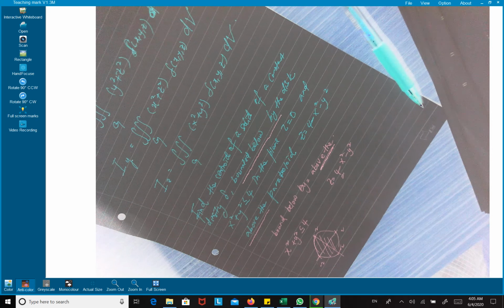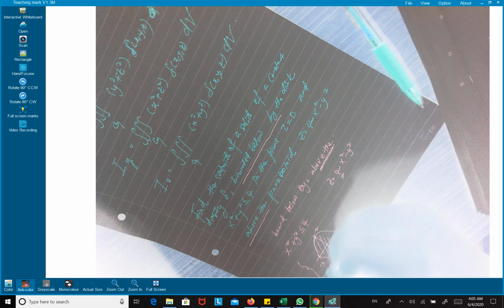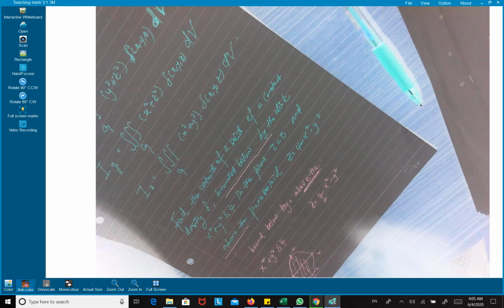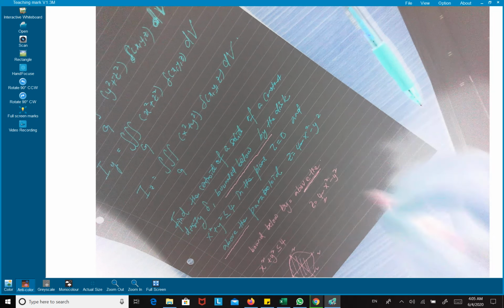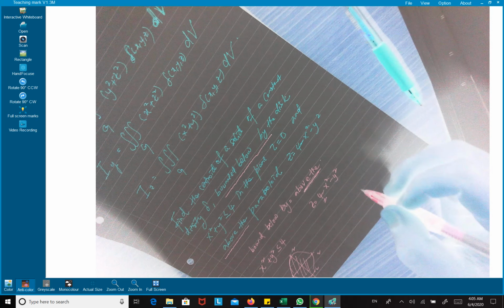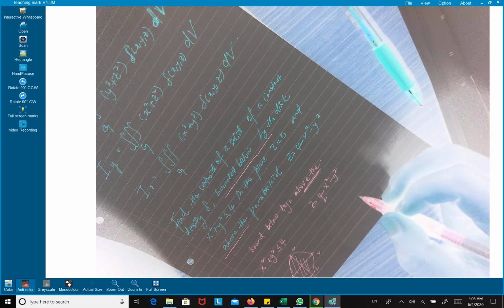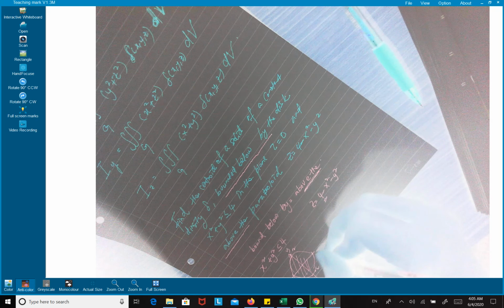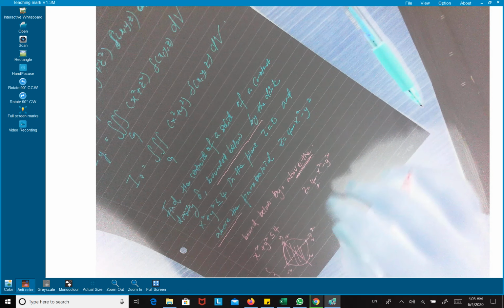So this is y-axis symmetry. Then for z equals to 4 minus x squared minus y squared, xy plane, where we refer xy plane of circle, we see that the x is between -2 to 2. Okay, and y also -2 to 2.